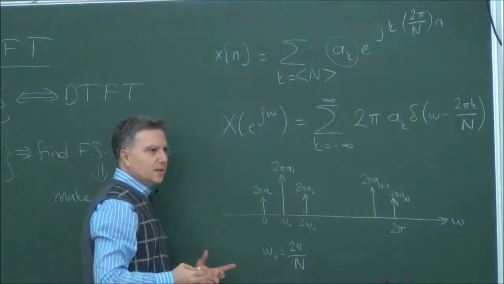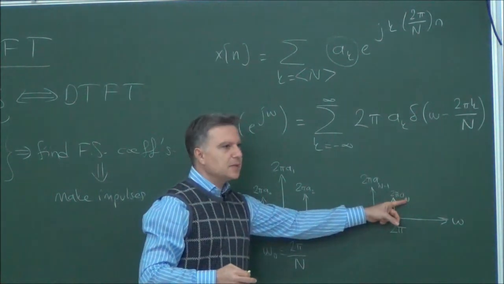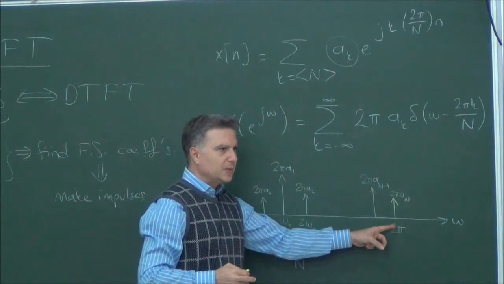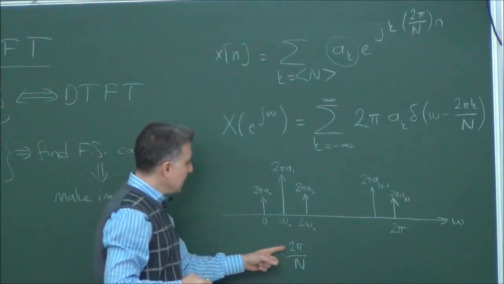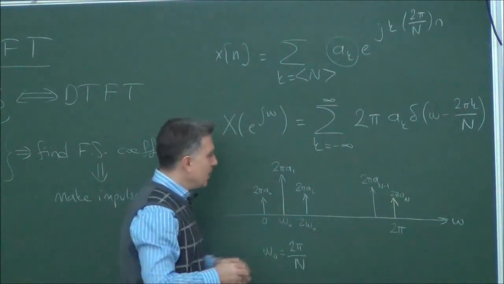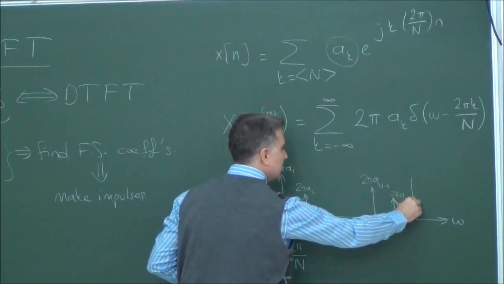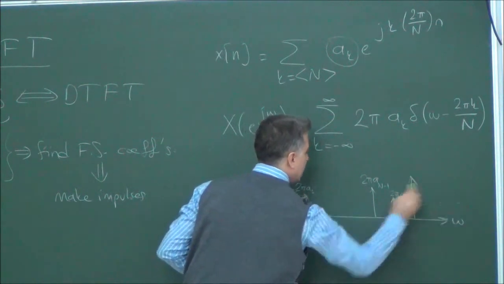Why is it 2 pi? Because it corresponds to capital N times omega 0, and capital N times omega 0 is capital N times 2 pi over capital N, which is 2 pi. So starting from 2 pi, it starts repeating itself.